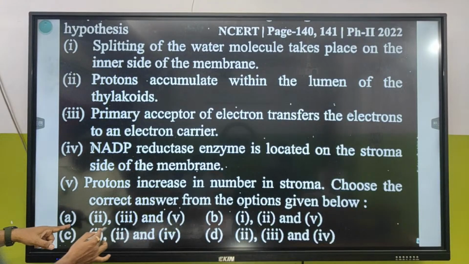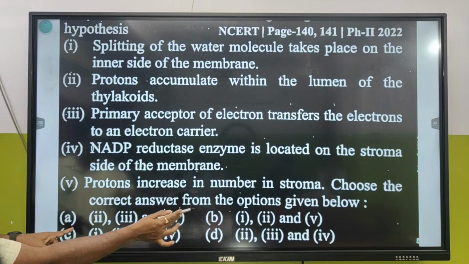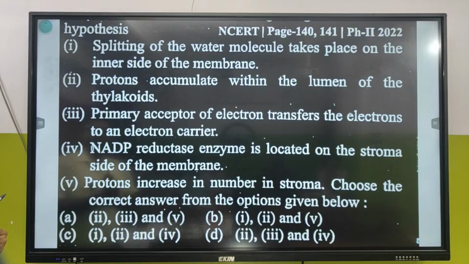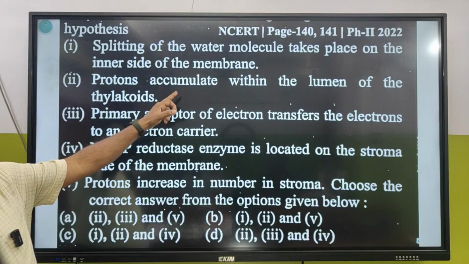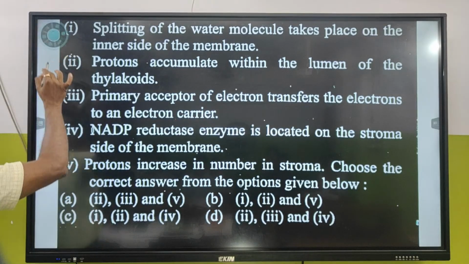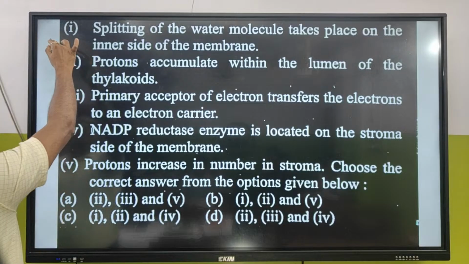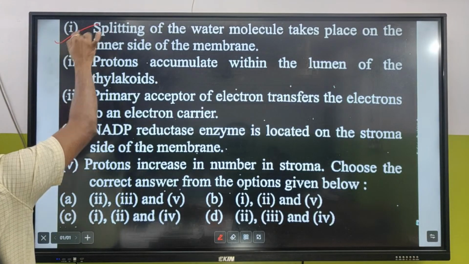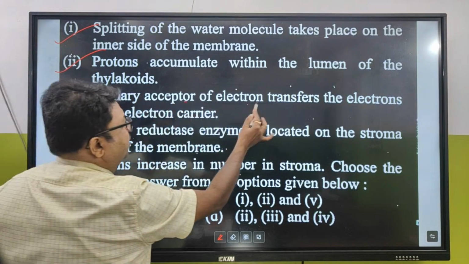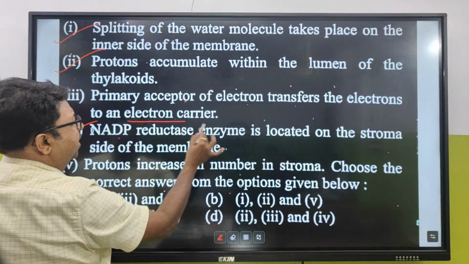Options: 2, 3 and 4; 1, 2 and 5. 1 is right, 2 is right. Protons accumulate within the lumen of the thylakoid. And 4 is right. So the answer is C. Primary acceptor of electrons transfers the electrons to an electron carrier or hydrogen carrier.